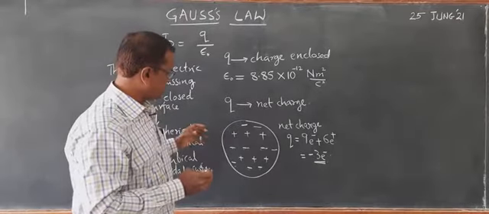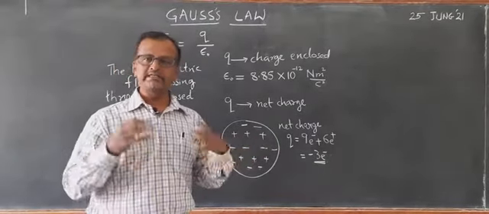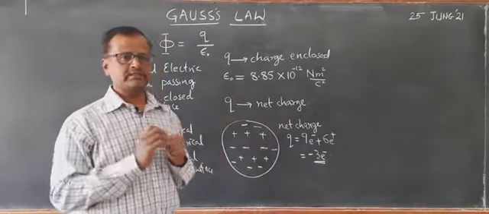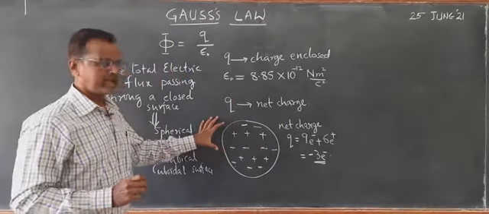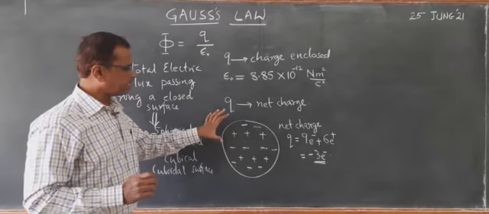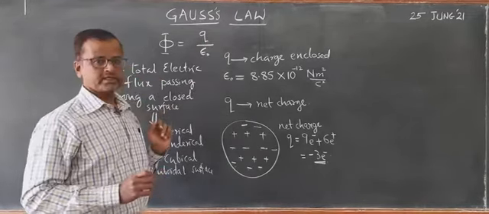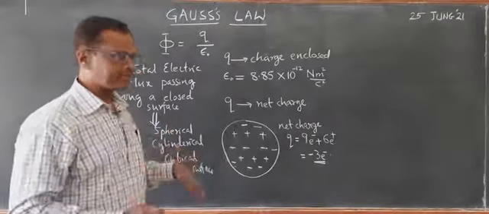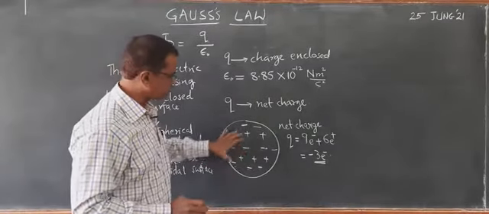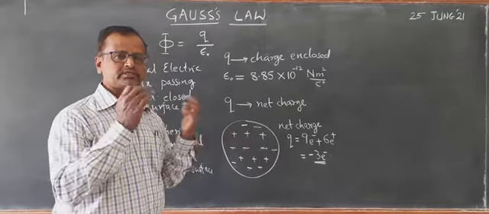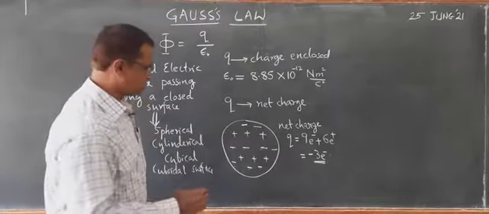So, if it is an inward flux, remember it is negative flux. If it is outward flux, then it is positive flux. So, that is the second condition that applies on the net charge. Then when we choose a particular surface, here when I have chosen a spherical surface, the surface which is so chosen is called as Gaussian surface.